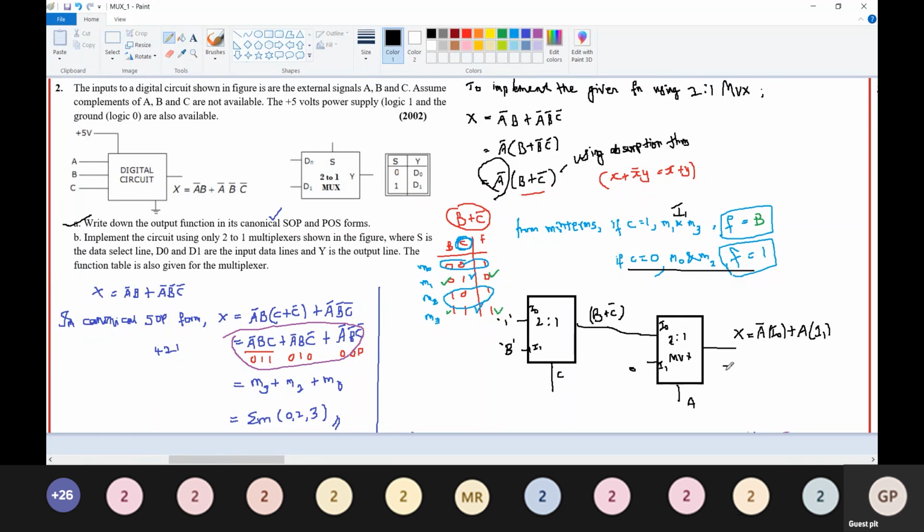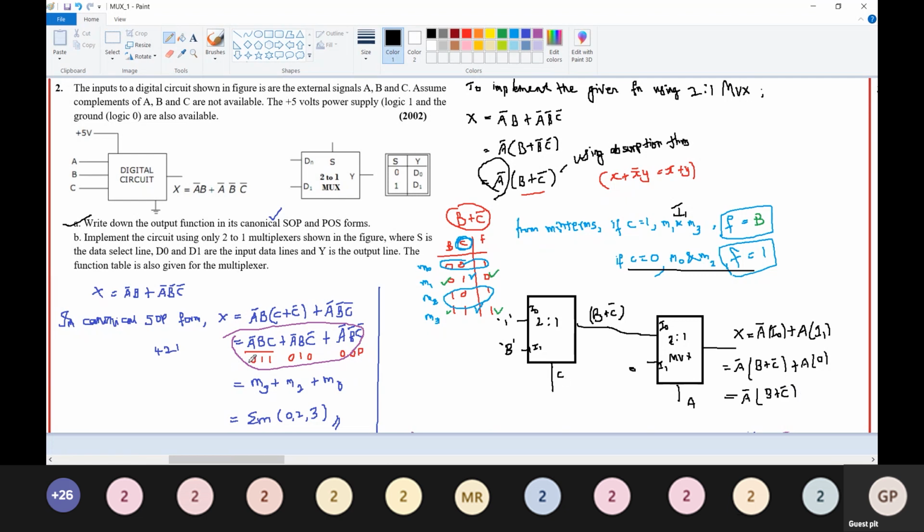I naught here is B plus C dash, plus A into I1, which is here 0. It is nothing but A dash into B plus C dash.